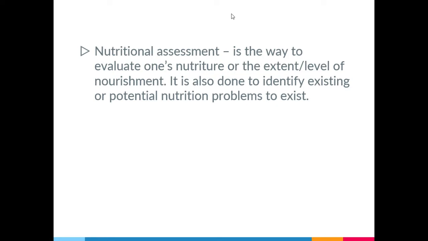Why? Because many diseases, ang root cause is poor nutrition. For example, we have diabetes. Diabetes is in itself a nutritional disorder because diabetes would usually result from a diet that is rich in sugar and rich in saturated fat.